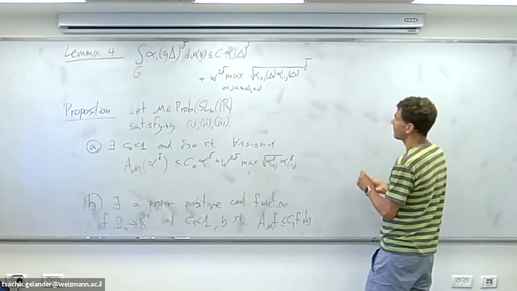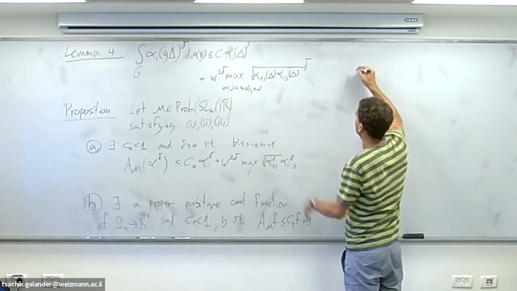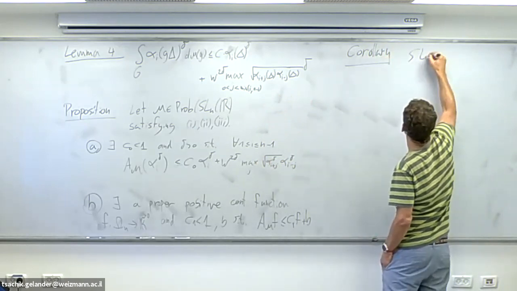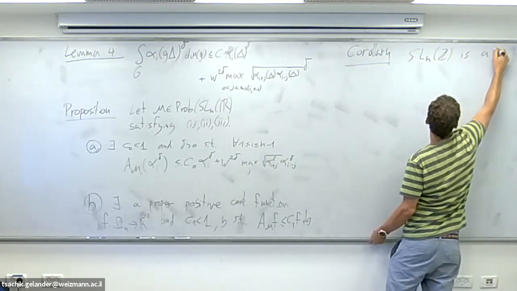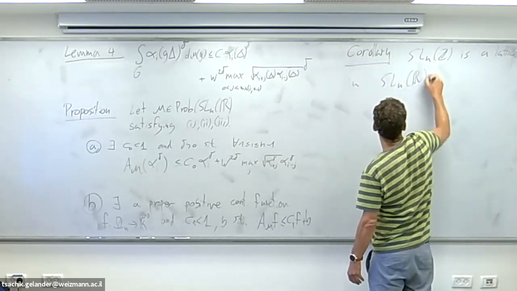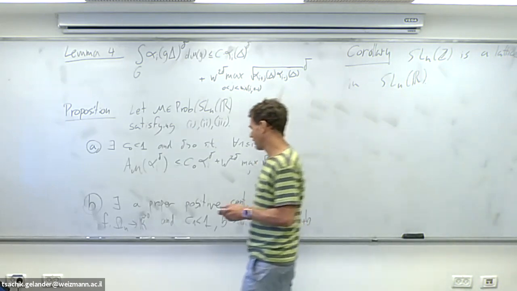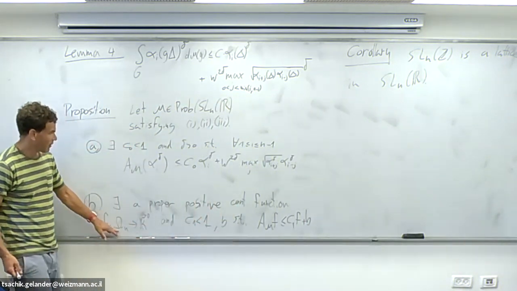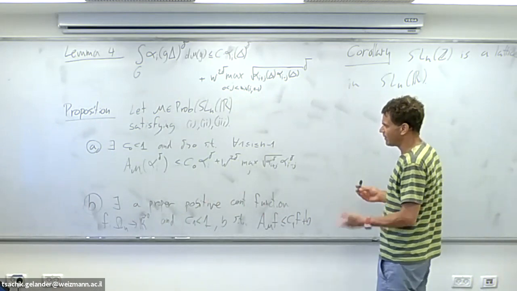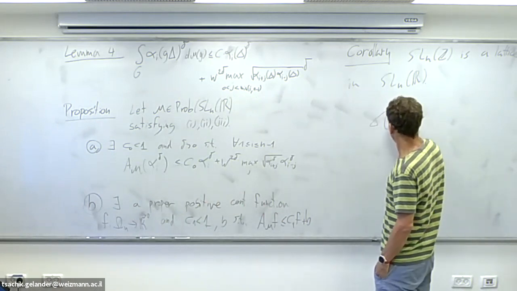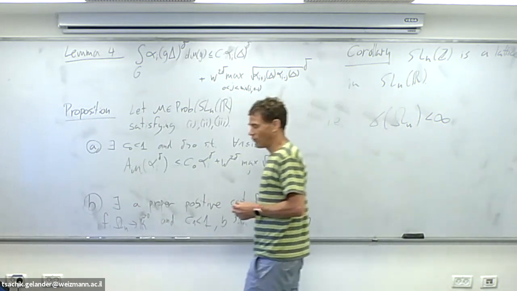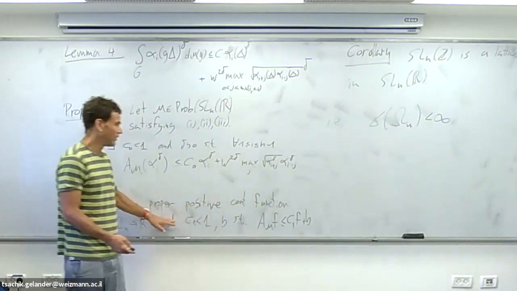I owe you a proof of the proposition, but the corollary is that SLnZ is a lattice in SLnR. This now is immediate because there is a proper Margulis function. This statement is equivalent to saying that the Haar measure of omega n is finite, which is exactly what we deduced last time when we had a proper Margulis function.